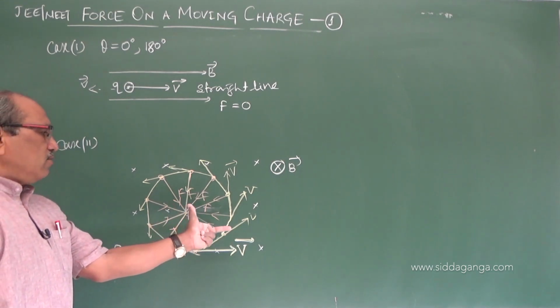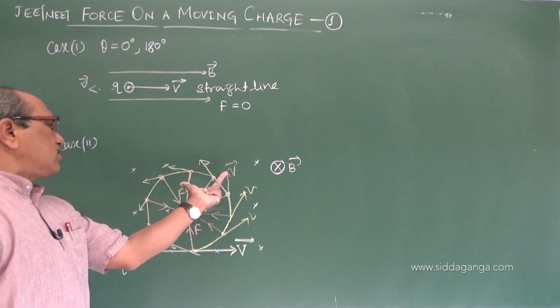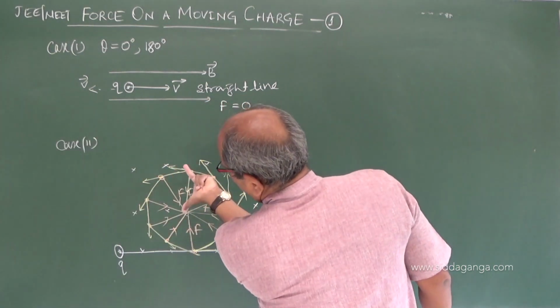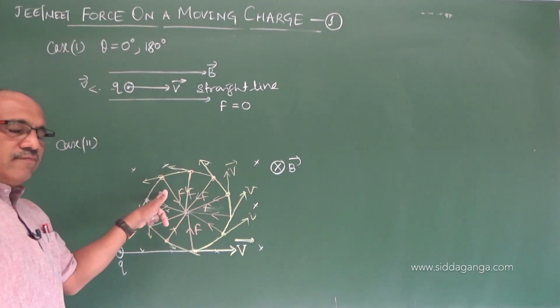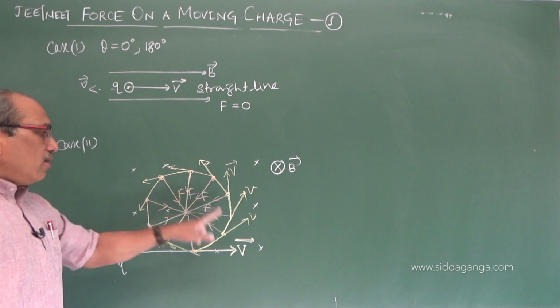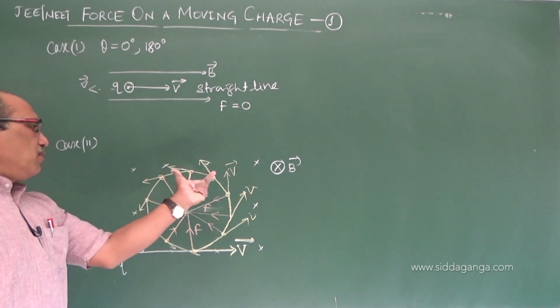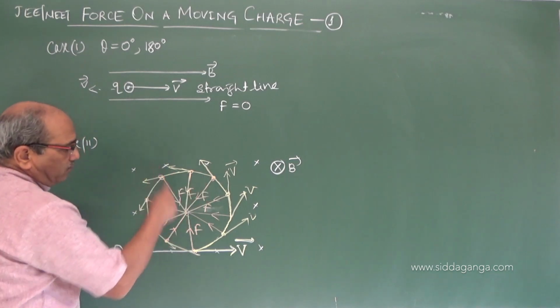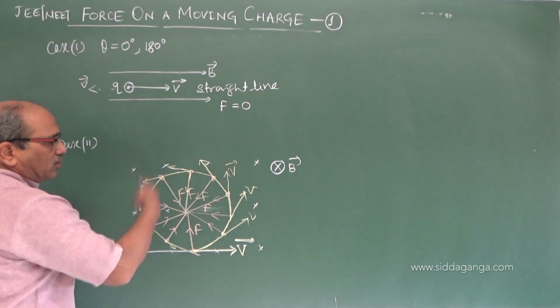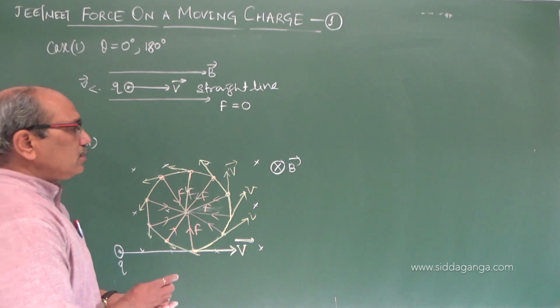At any point the direction goes on changing. At every position the field is into the board, the velocity is perpendicular, the direction changes, and an inward force is visible at every point. That makes the charge describe a circle.